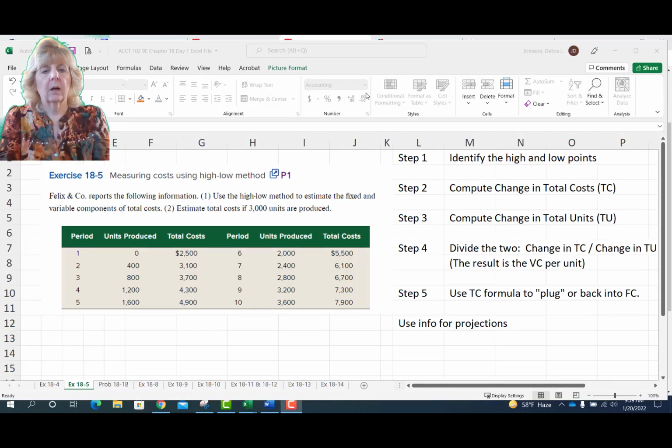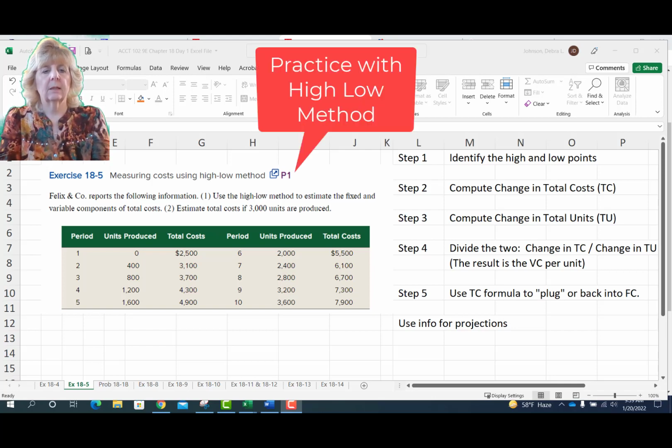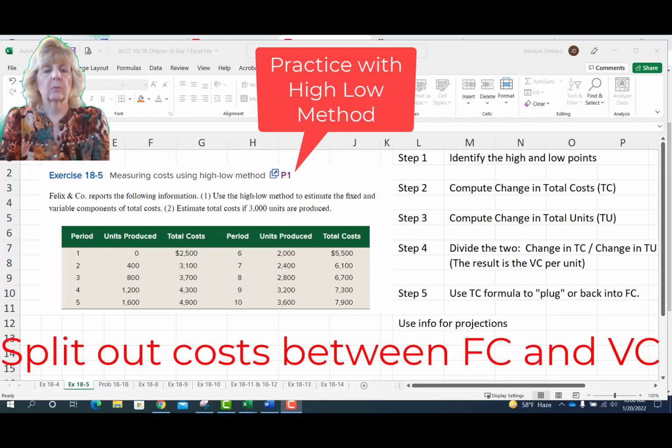Because we know mixed costs are dangerous, this exercise will give us some practice at taking some grouped mixed costs and splitting them out between their variable and fixed components. Let's read the question together, talk about the strategy for solving, and then we'll give you a shot at trying it.